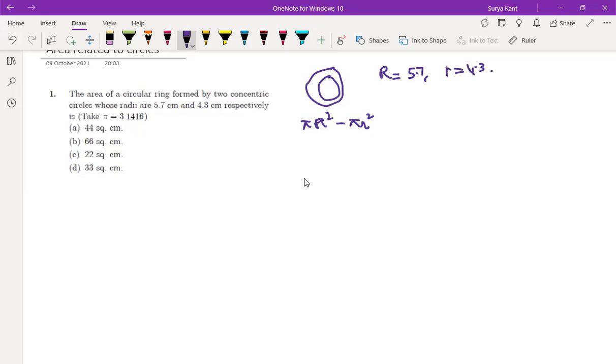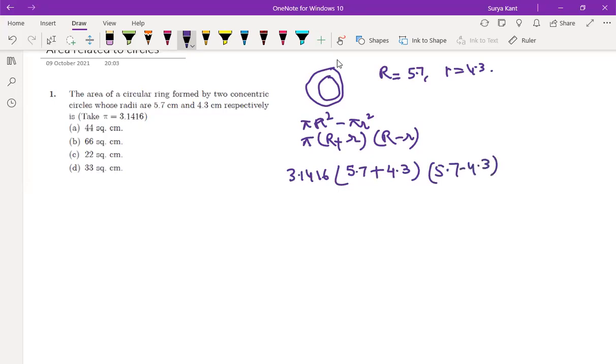This is in centimeter. So pi you take common, you can write here R plus r and R minus r. Is it clear? Pi is 3.1416. R plus r means 5.7 plus 4.3, and R minus r is 5.7 minus 4.3.